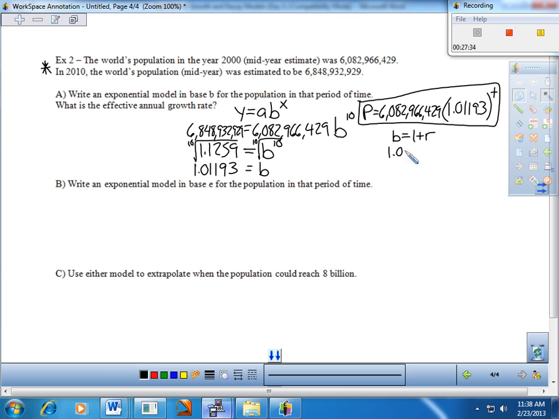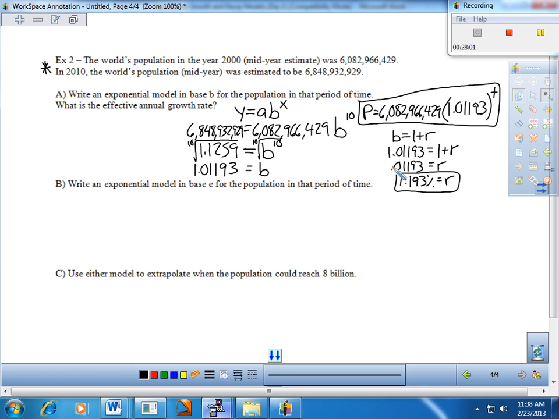So we get 1.01193 equals 1 plus r. So r is 0.01193. So the first part of the new century, the world's population increased by about 1.2% per year. Awesome. Look at that.